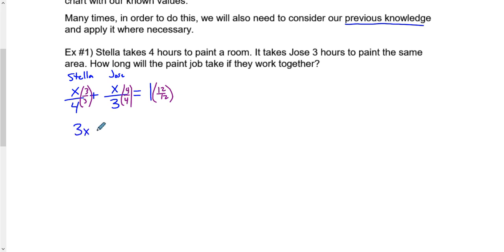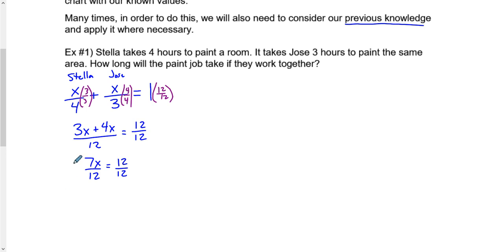We would get 3x add 4x over 12, equaling 12 over 12. So this one's really nice and easy to work with. We have 7x over 12, equaling that 12 over 12.